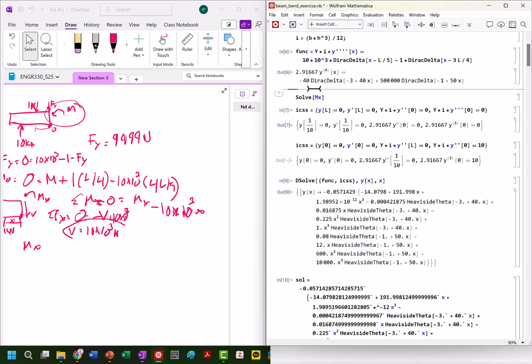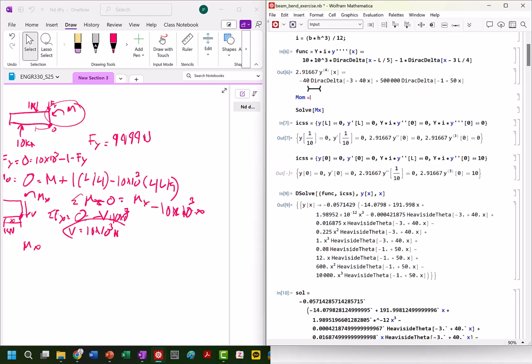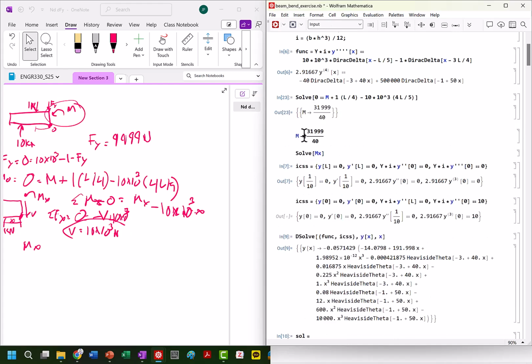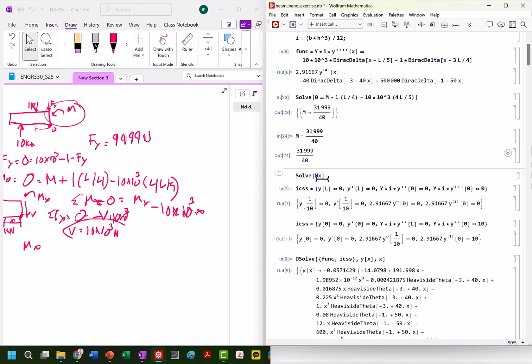So I'm going to call this my moment at the edge of that beam, capital M, equals, let's go ahead and solve. 0 double equal M plus 1 times L over 4 minus 10 times 10 to the third times 4L divided by 5. So that's going to be our moment, capital M. So capital M looks like this. And then we're solving mx.